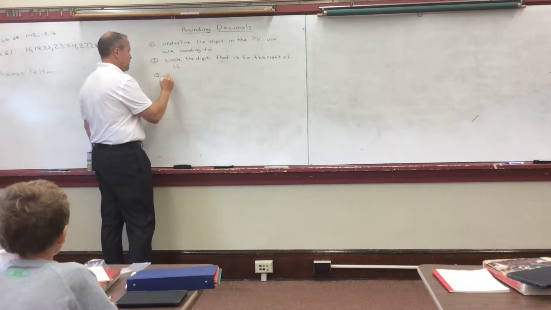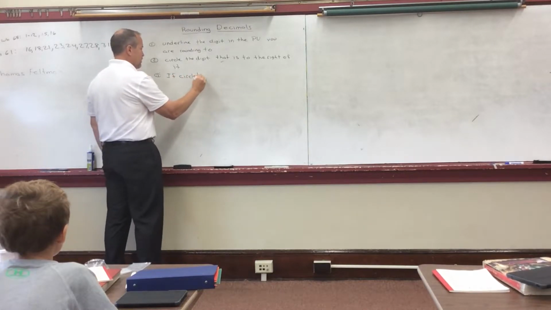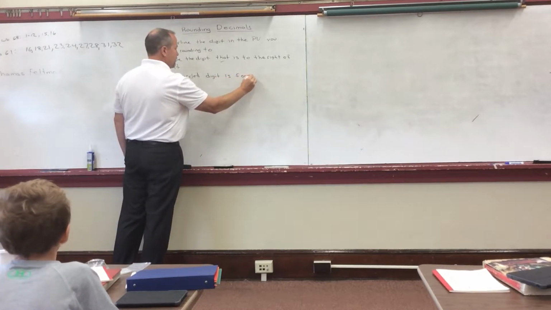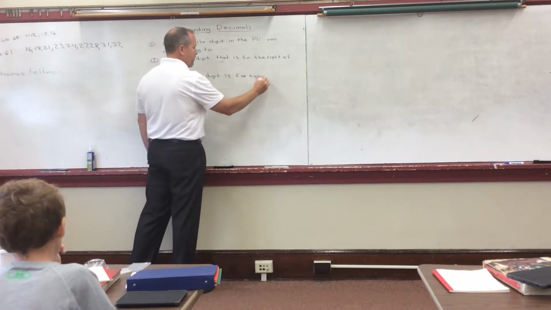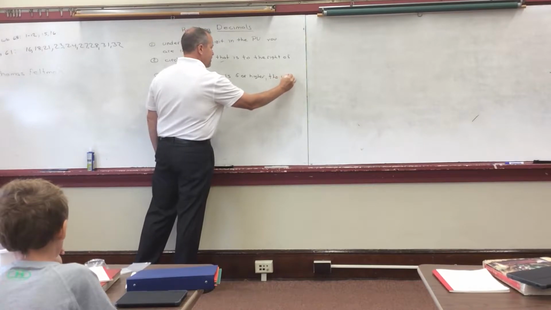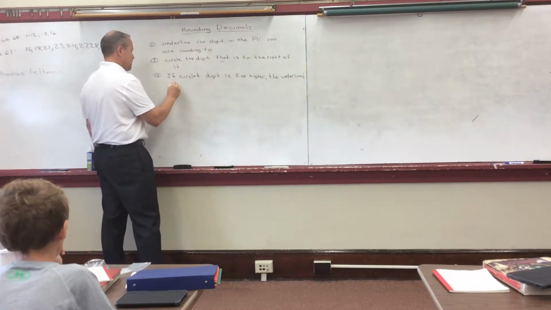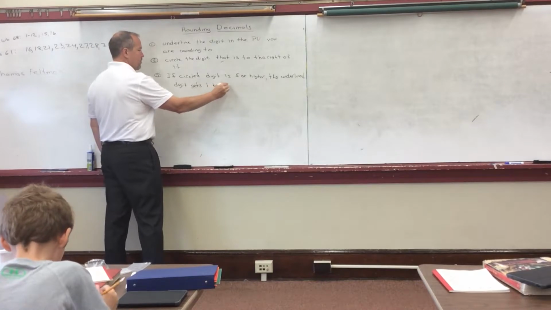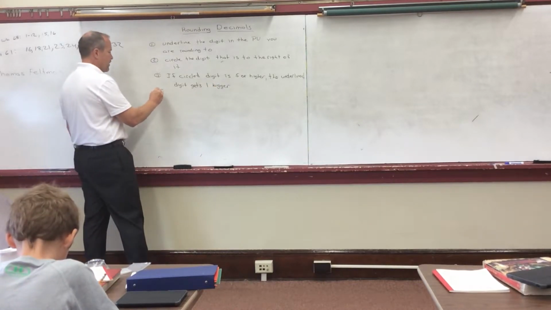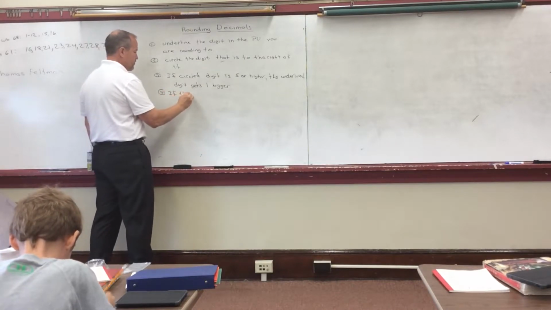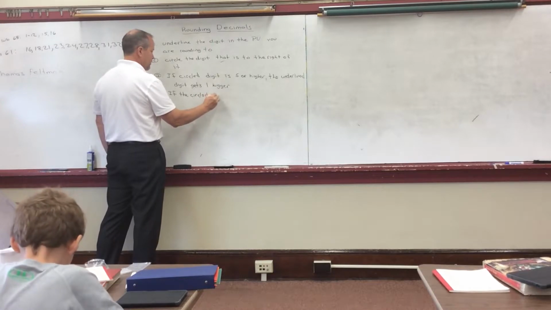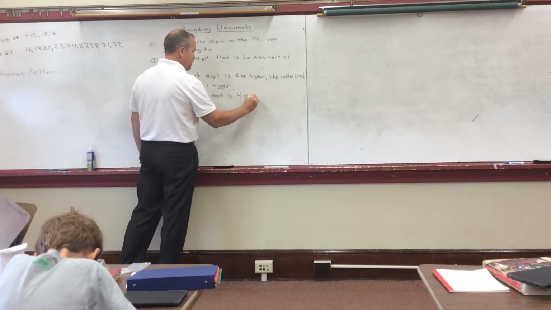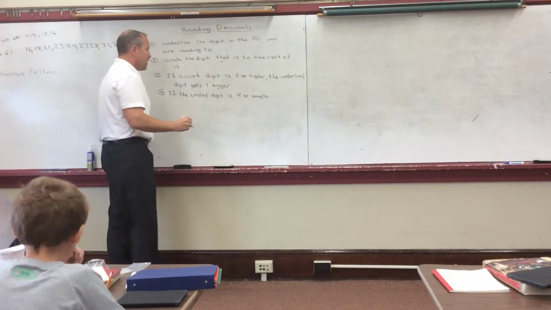If the circled digit is 5 or higher, the underlined digit gets one bigger. If the circled digit is 4 or smaller, the underlined digit stays the same.